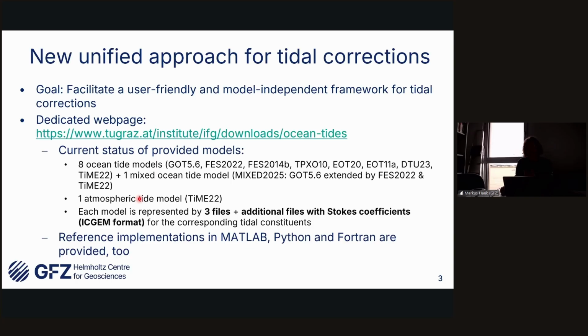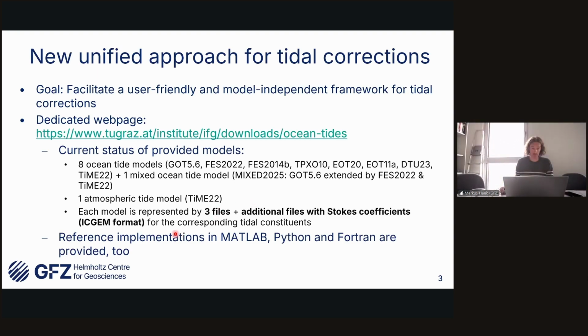These 3 files describe the number of tidal constituents and minor tides that are interpolated, plus all the additional files with the Stokes coefficients, and they're provided in ICGEM format. And there's also some reference code that can be used by users.